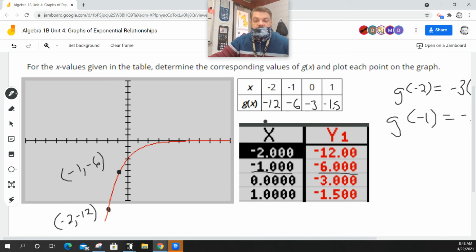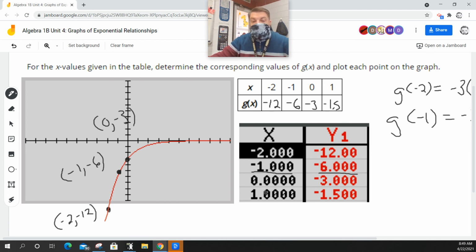When x equals 0, what's my corresponding y value? Is it -3? So that's 0, comma, -3.